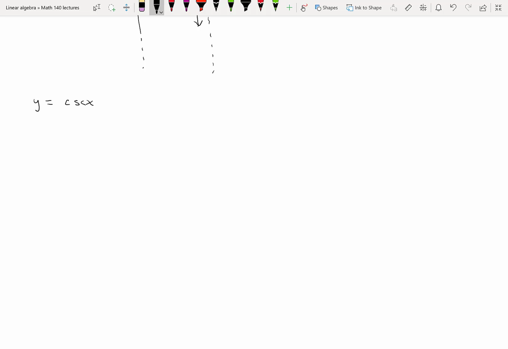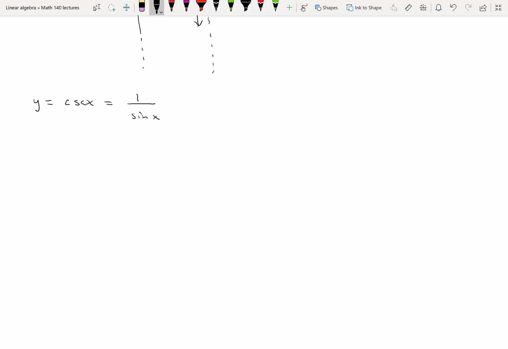Cosecant of x is 1 over sine of x. So just like the tangent and cotangent functions, the cosecant and secant are going to have vertical asymptotes. The only really nicely behaved graphs in terms of no asymptotes are the sine and cosine.